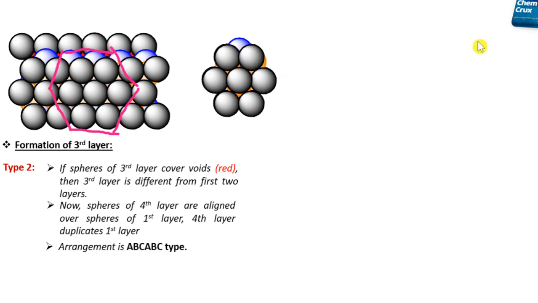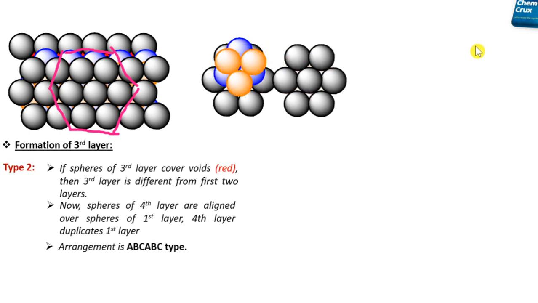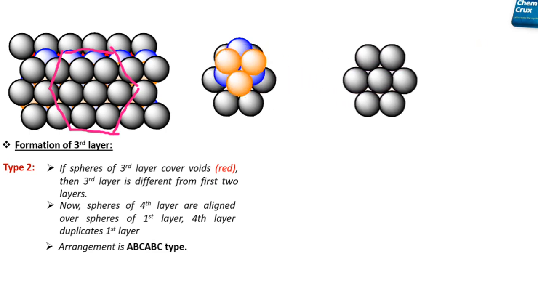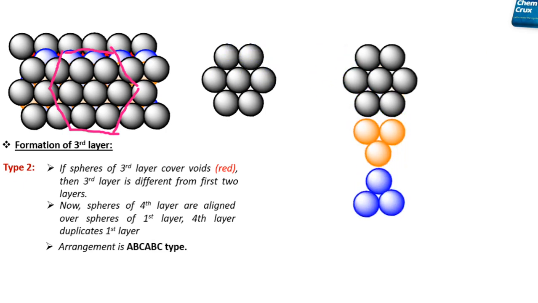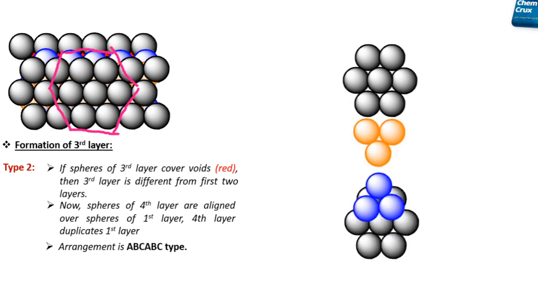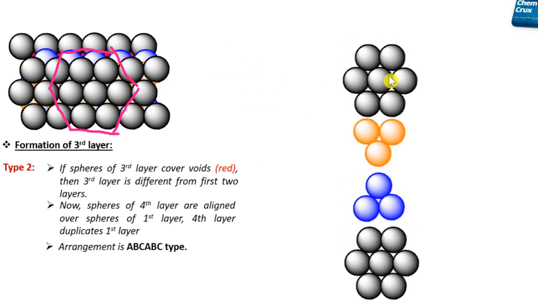So this is the fourth layer, this is the third layer beneath the fourth layer, this is the second layer, and this is the first layer. So you can see that the fourth layer is aligned exactly above the first layer, and thus they are of the same type, that is type A.